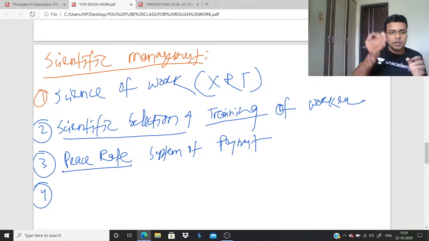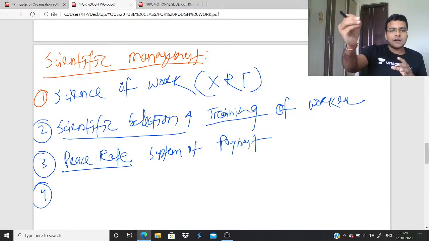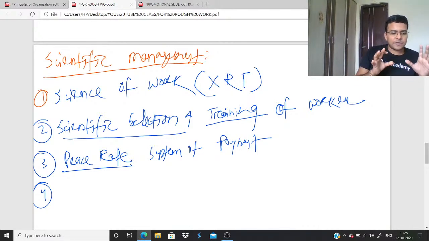For example, in OPSC you people are selected, so we can call it merit based selection. Like that, in an industry or organization, employees must be selected on certain criteria. Selection on a due procedure is scientific selection.